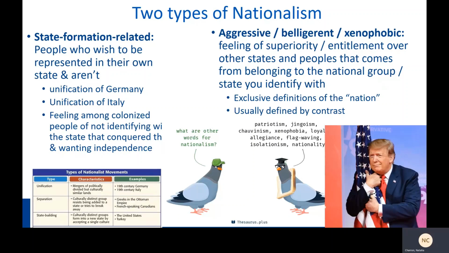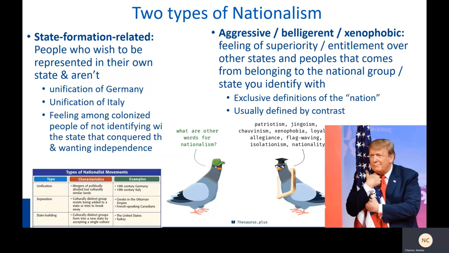People who wish to be represented in their own state and aren't as of yet. We're going to see this in two stories today, the unification of Germany and Italy. Those are cases where there were groups of people who shared the same language, the same culture, the same history, who were not yet represented by one state, and then they united and became one state.